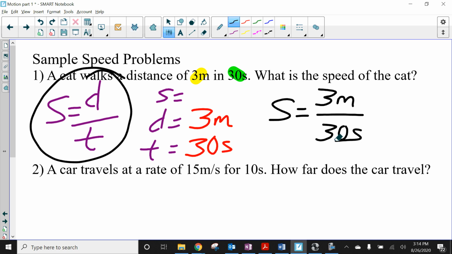Okay, so if I put that in my calculator, 3 divided by 30, I got 0.1. And look, I don't know, maybe you know this, but anybody know what an M divided by a S is?